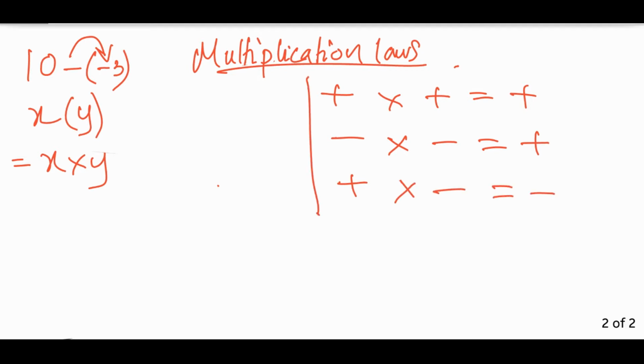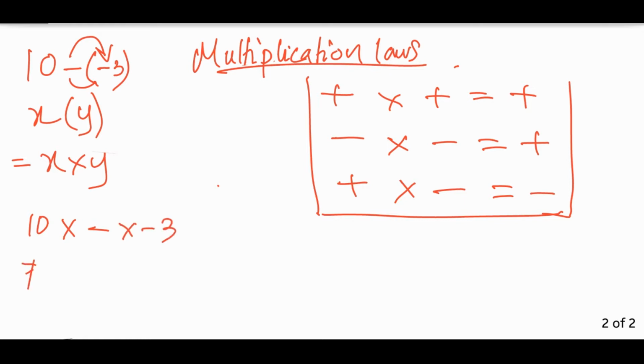These laws you have to remember. In this case we have one negative times another negative, so 10 times minus 3 gives 10 times positive 3, which is 30. It's very simple. You just have to remember these laws, and that's all.